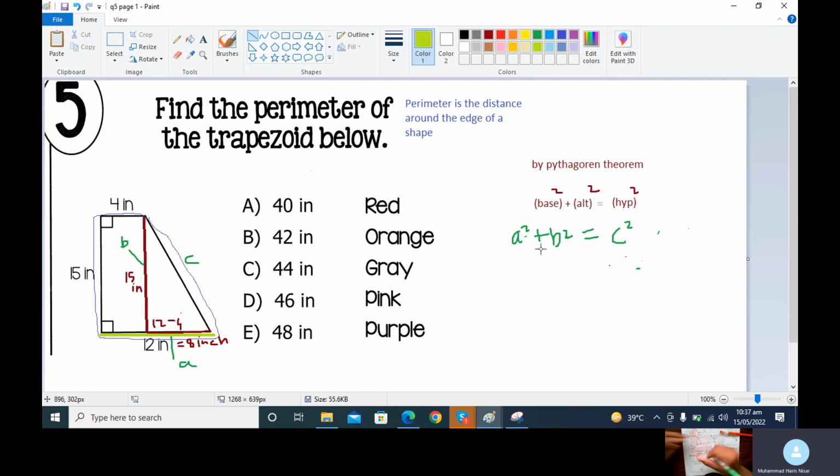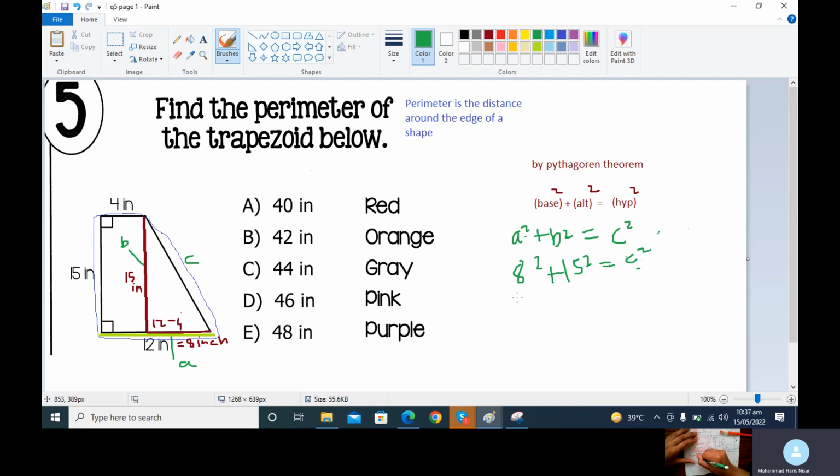So a squared means here 8 squared. B squared means plus 15 inch, 15 squared, is equal to c squared.